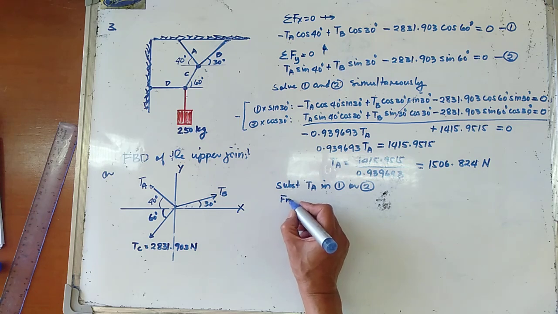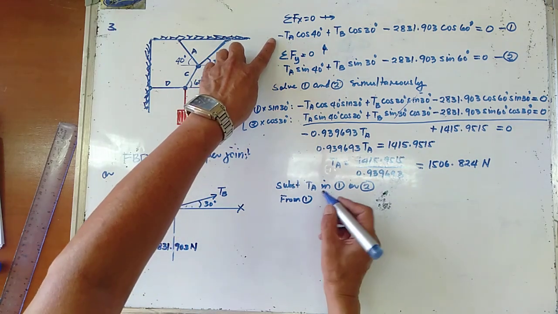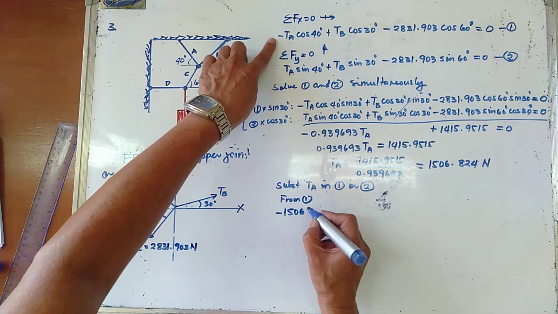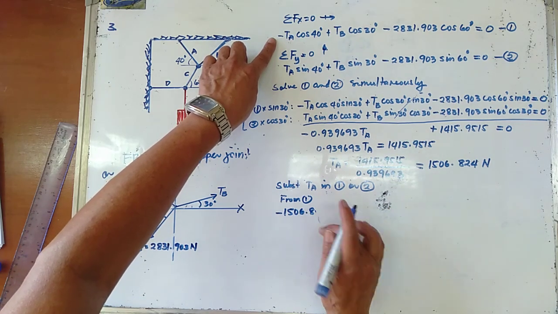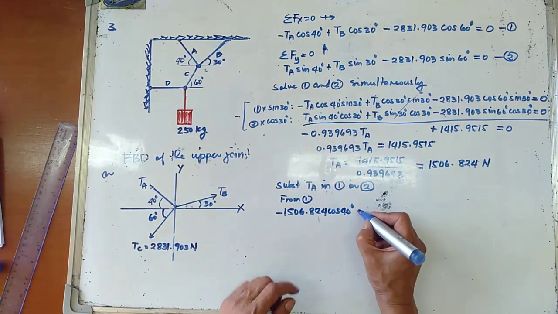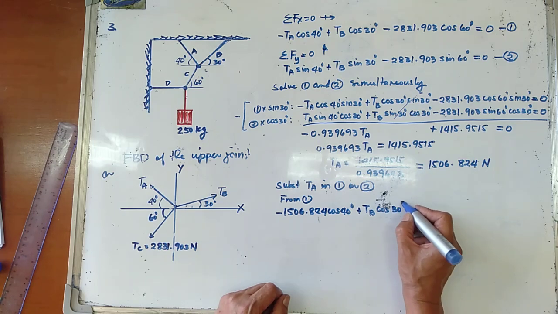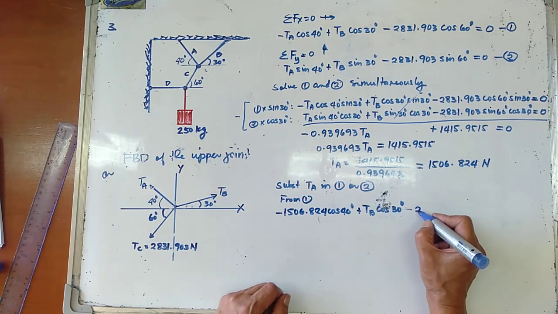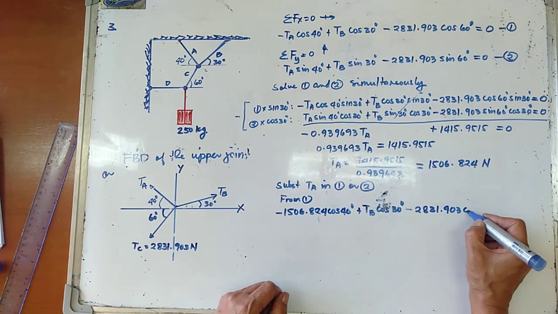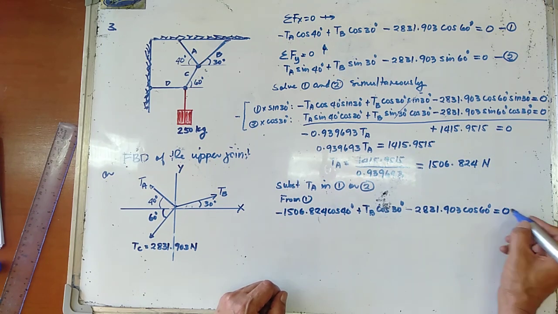From equation 1, minus TA, which is 1506.824, cosine of 40 degrees plus TB cosine of 30 degrees minus 2831.903 cosine of 60 degrees is equal to 0.